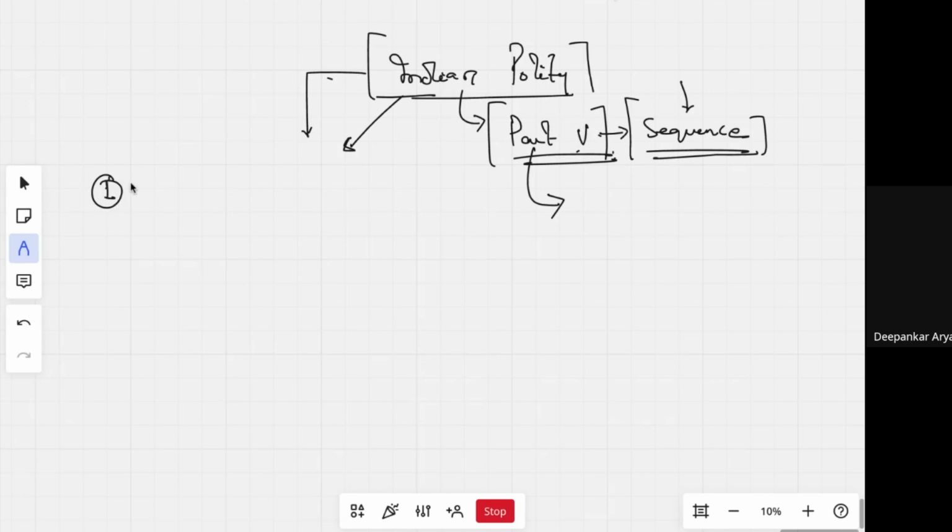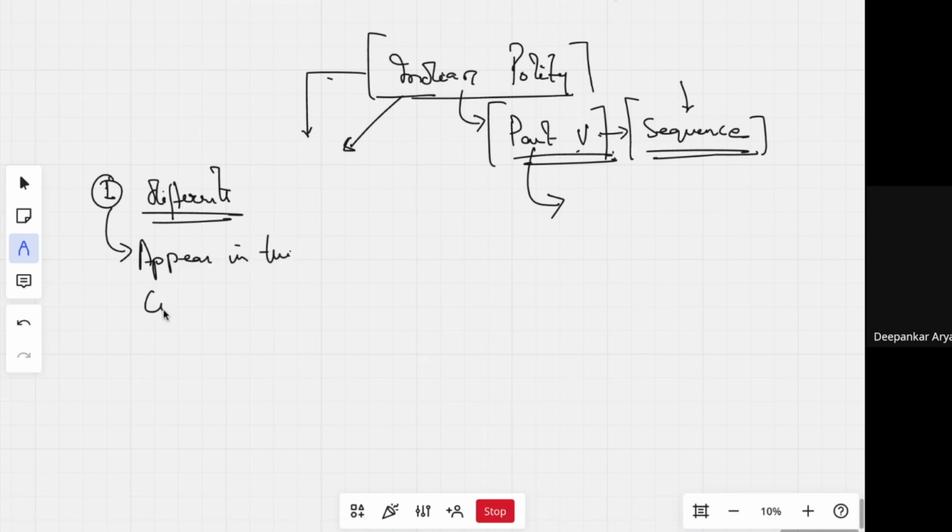In some of the papers, the examiner has given different parts, and asked to arrange them in the chronological order in which they appear in the Constitution.